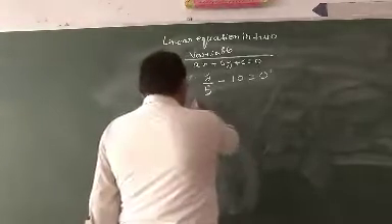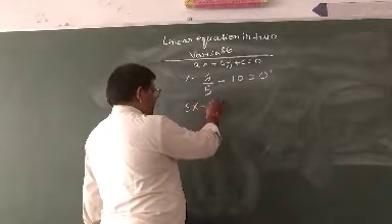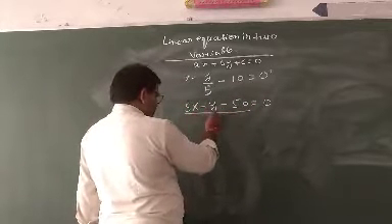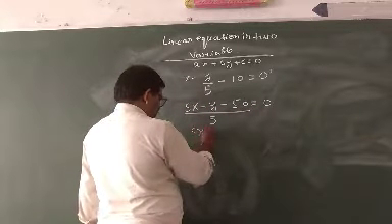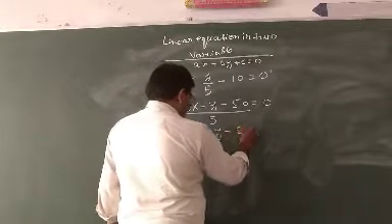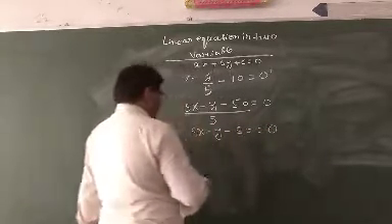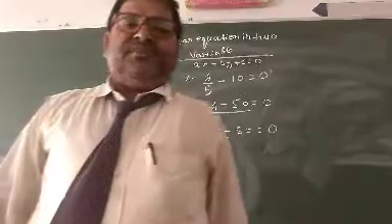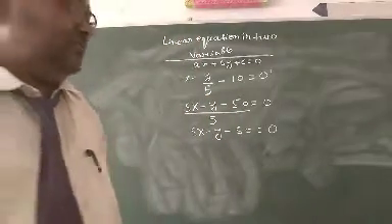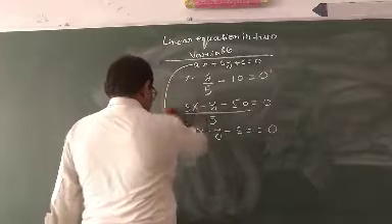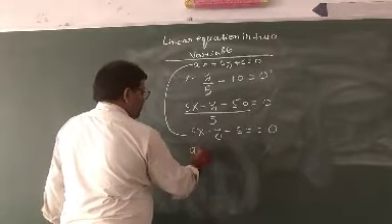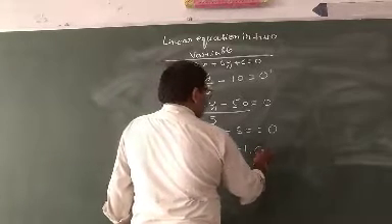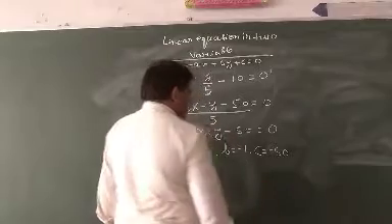So 5x minus y minus 50 equal to 0 upon 5, and 5x minus y minus 50 equal to 0. Then we compare these values with the general equation, and a equal to 5, b equal to minus 1, and c equal to minus 50.